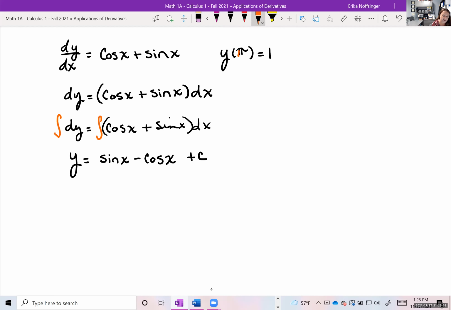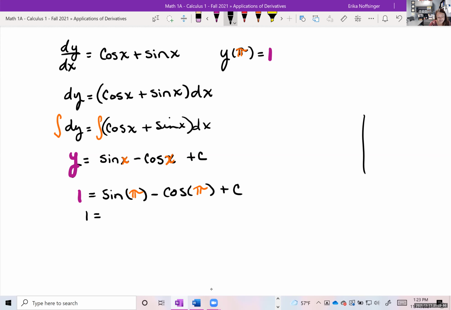So now let's go in and plug in our values. When x is pi, we get that y is 1. So we have 1 is equal to sine of pi minus cosine of pi plus c. If you look at the unit circle, pi is here.